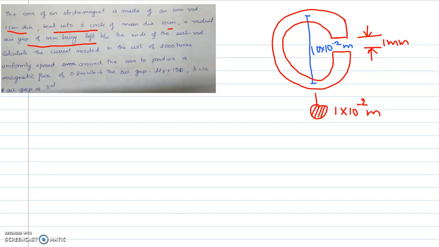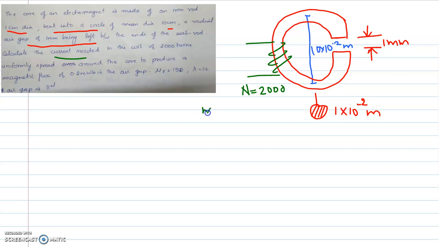Now, to this particular electromagnet, we are winding the coil, and that is 2000 turns. So N is 2000. You are asked to find out the current.